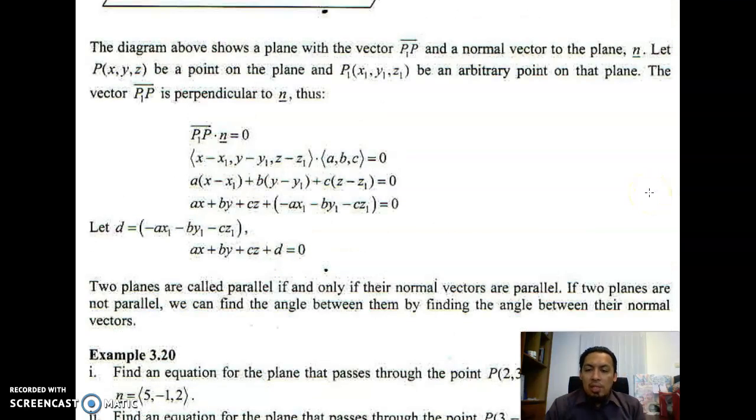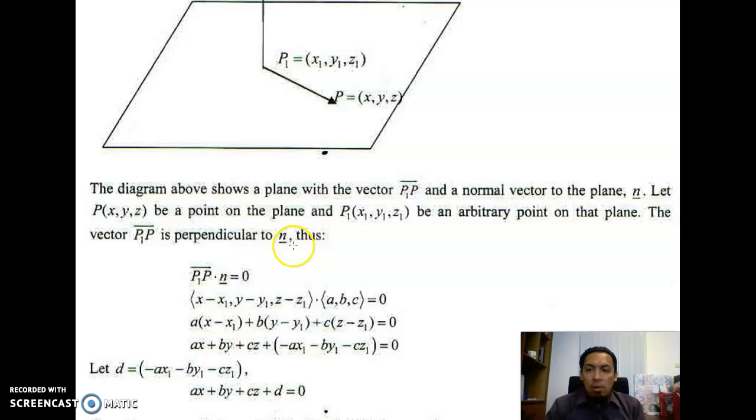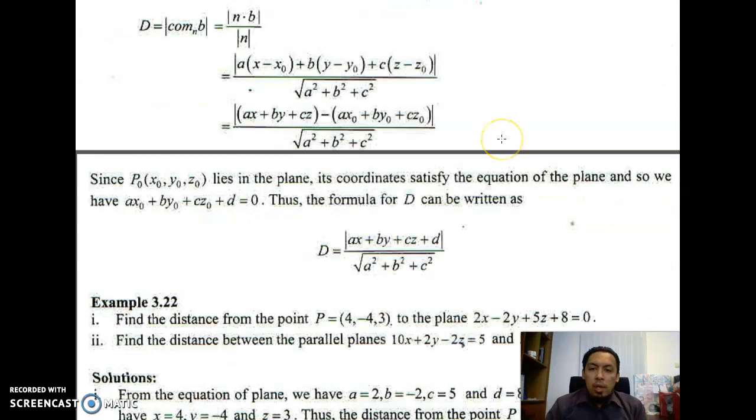By the way, this is the general formula of the equation of a plane. So the equation should be AX0 plus BY0 plus CZ0 plus D equal to 0.